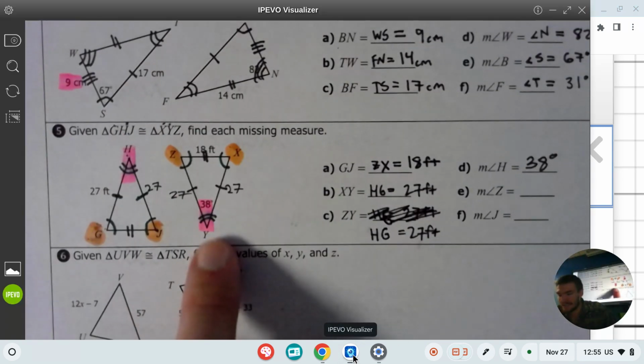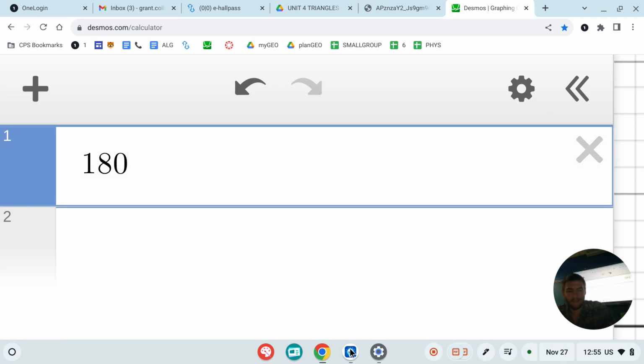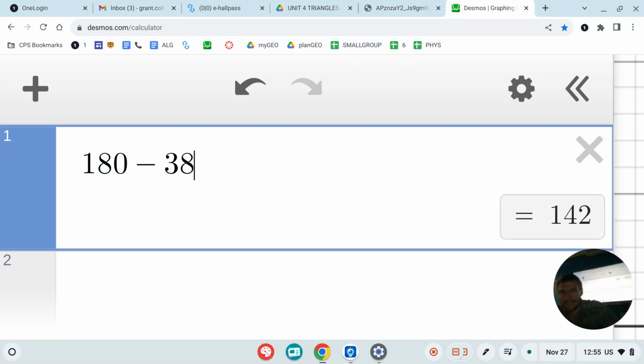We know that this little double one here is worth 38 degrees. So take away 38 from 180, and we have 142 left. So we know that G and J are going to add up to make 142.